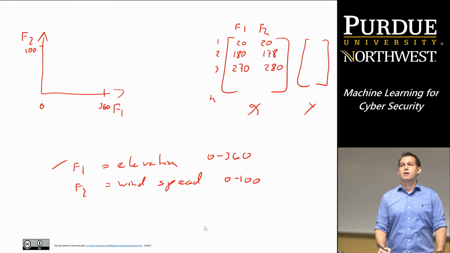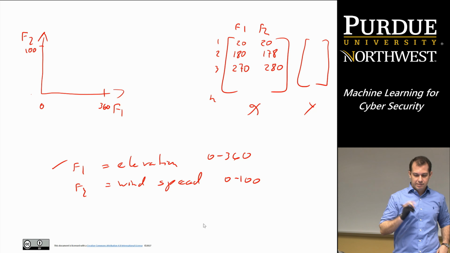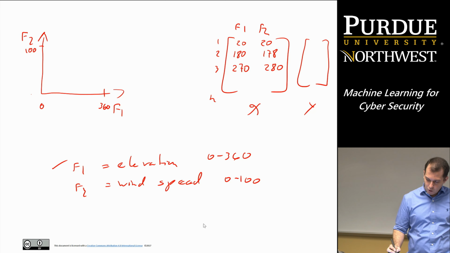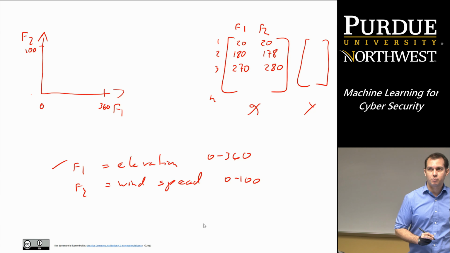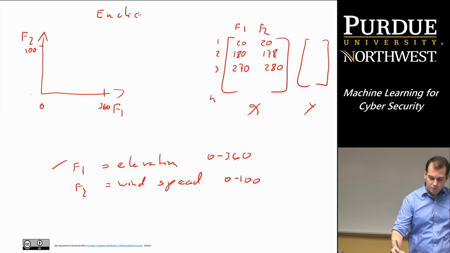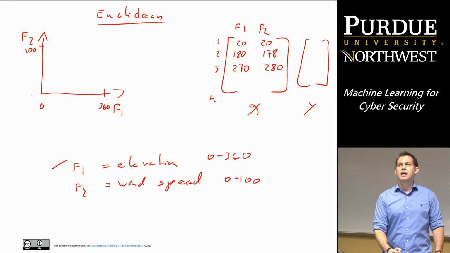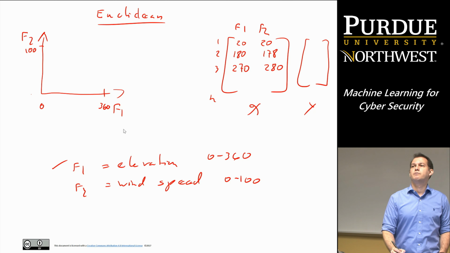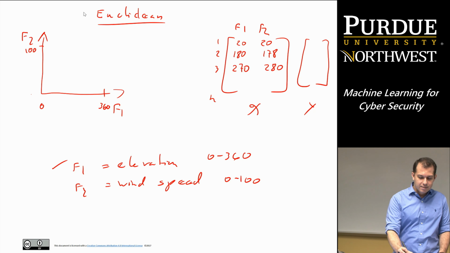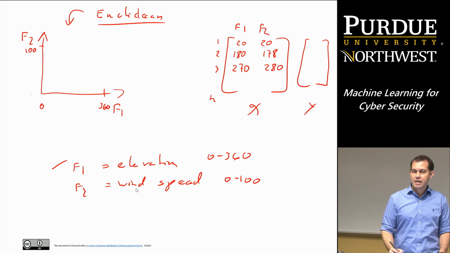Now I can plot this. That's why this is so important, because once you put it into a Cartesian space, you have Euclidean, Pythagoras, right? We all know about that. And so that distance of triangles, that's the thing that you get in there.